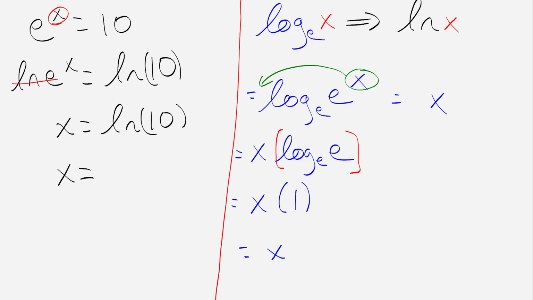And our answer, if we stick to 3 decimal places, is x is 2.303. So that was fairly straightforward. In order to solve for the power here, we just took the natural log of both sides, and that allowed us to solve for x.